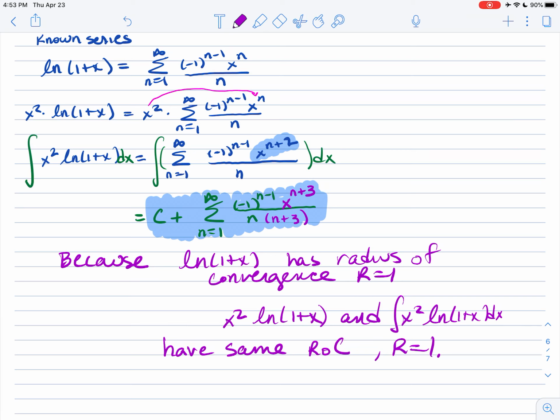Good. So we can do another one where we can calculate a definite integral as long as our limits of integration fall within the radius of convergence around the center of that power series.